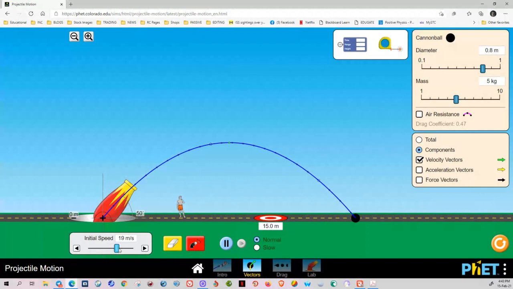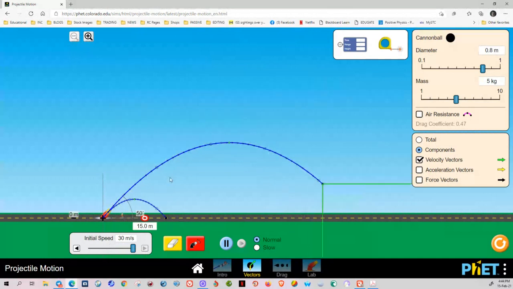If we increase the initial speed, you can see that the value of the x component, the horizontal line, is not changing. It's constant. The value of the y component is changing, but it depends on the position of the ball in the trajectory. Why is that?